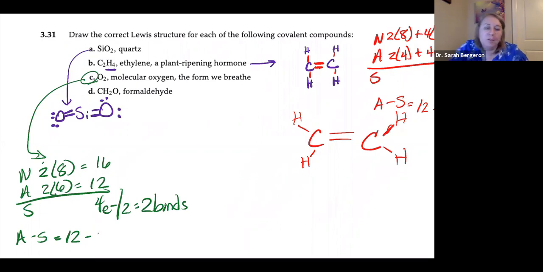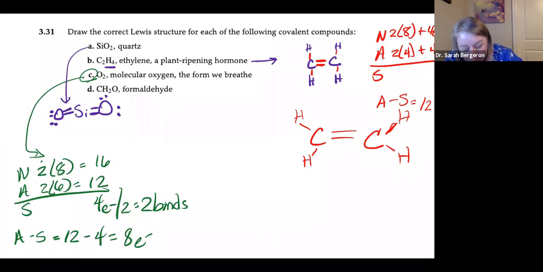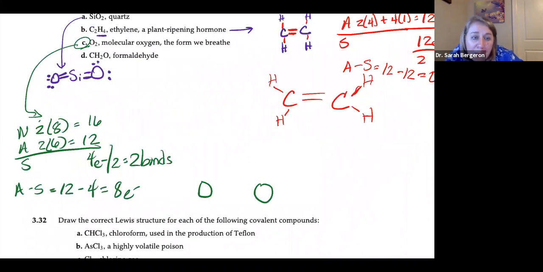Okay, so what are we going to do with those? Let's try. So we have 2 oxygen atoms. We got to make 2 bonds. So where can you put the bonds? Only between the oxygens. So I put 2. Now I need to divide up my electrons so that each atom has an equal number of electrons.